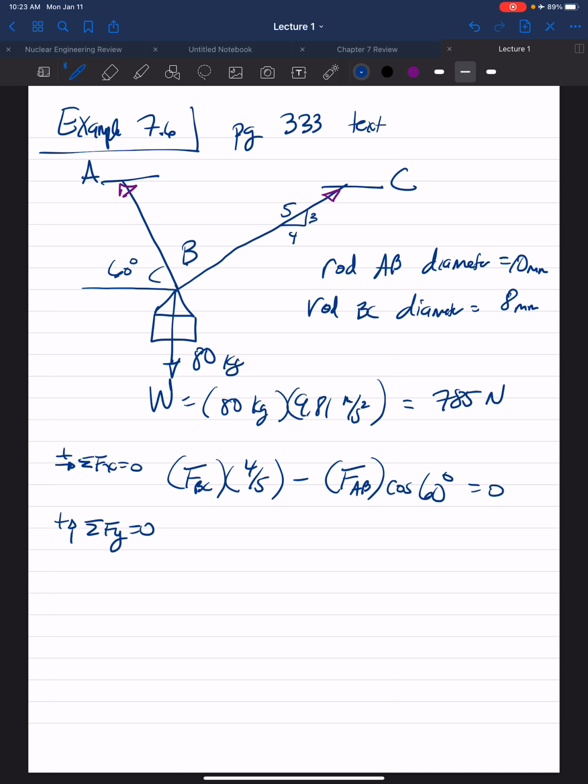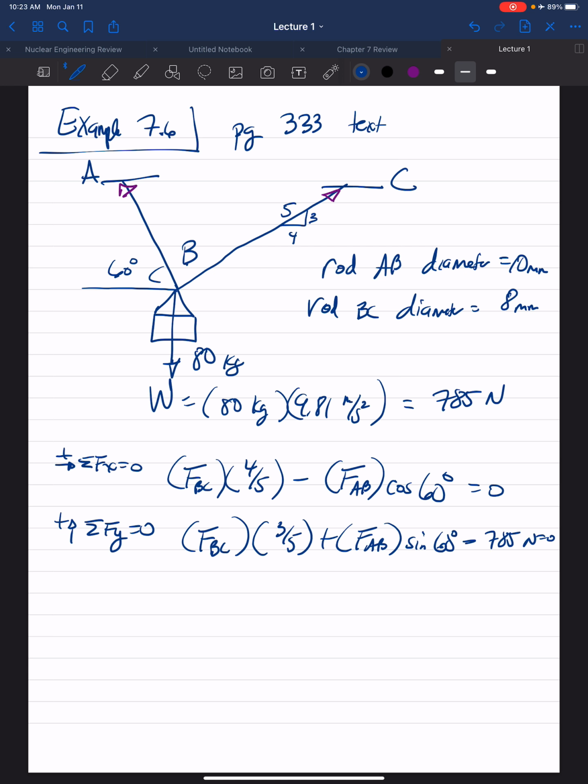So in the y direction, both are pointed in the positive y direction. So your FBC times the 3/5 ratio plus your FAB times sine of 60. But we cannot ignore the weight of the lamp, which is 785 newtons.